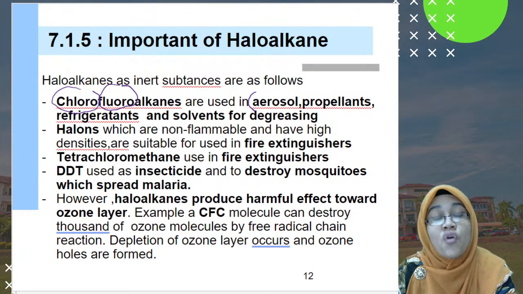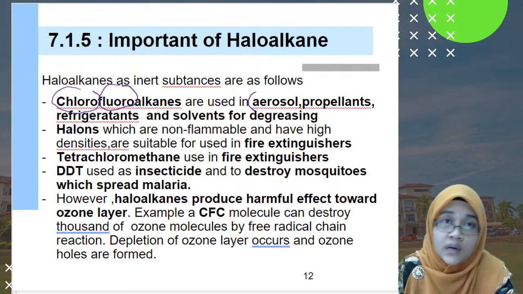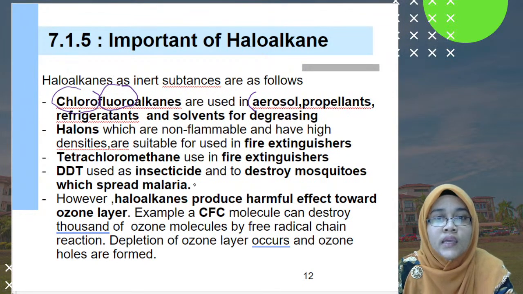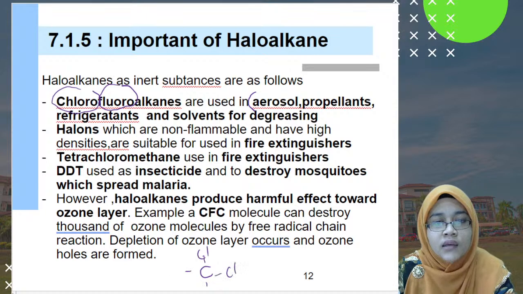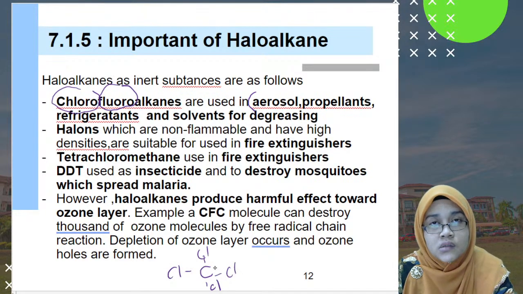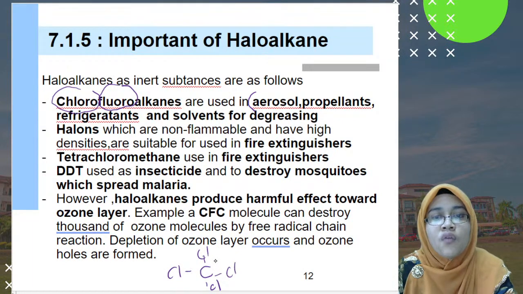So this is for our aerosols and so on. Tetrachloromethane means that we have carbon with 4 chlorines. This is a good compound for use in fire extinguishers.